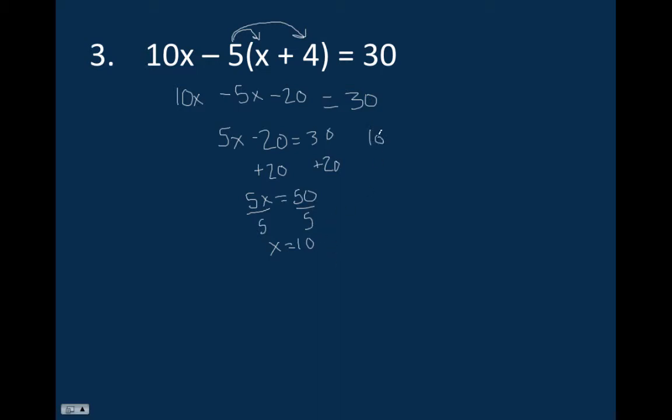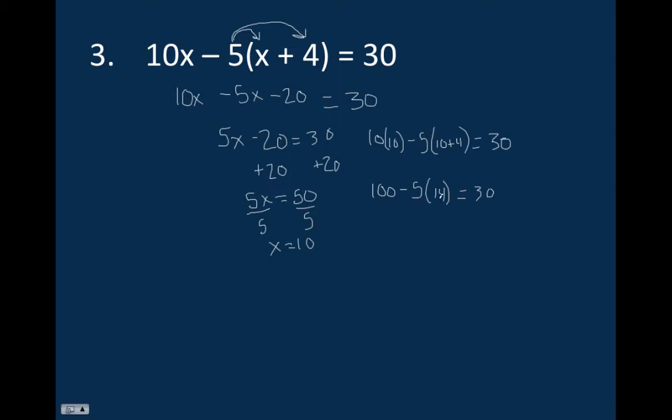So 10 times 10 minus 5, in parentheses we've got 10 plus 4, equals 30. 10 times 10 we know is 100, minus 5, in parentheses 10 and 4 is 14.